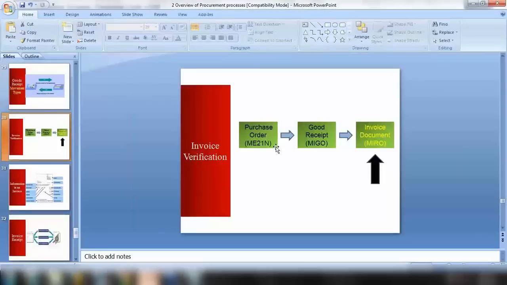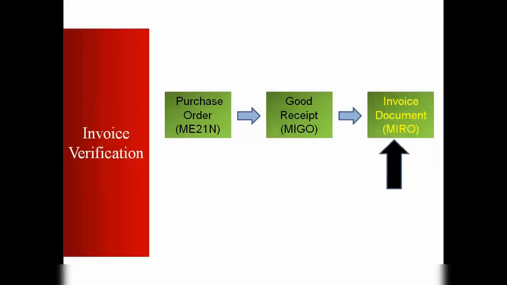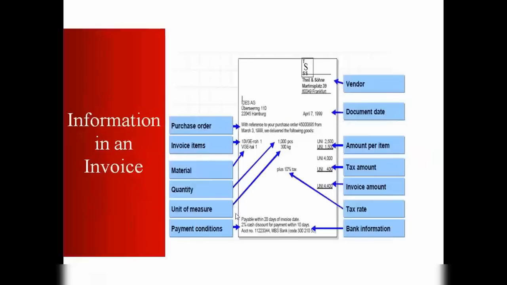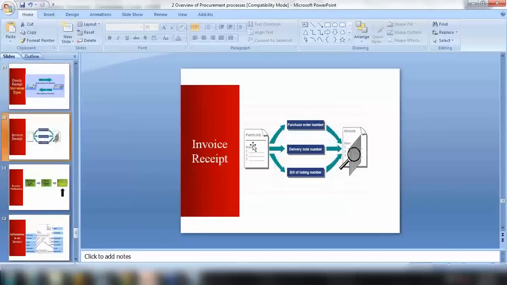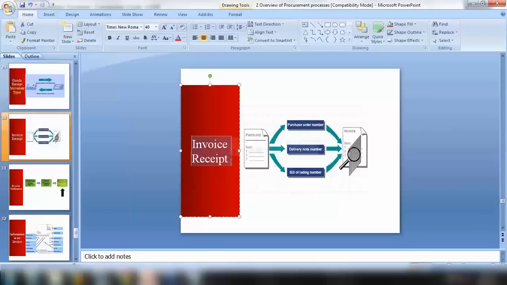Okay, so let's see some more slides here. That's the structure of the invoice. And sorry, this one is at the wrong place. That should be here. I already talked about this one where you can enter the delivery note and all that in the goods receipt.